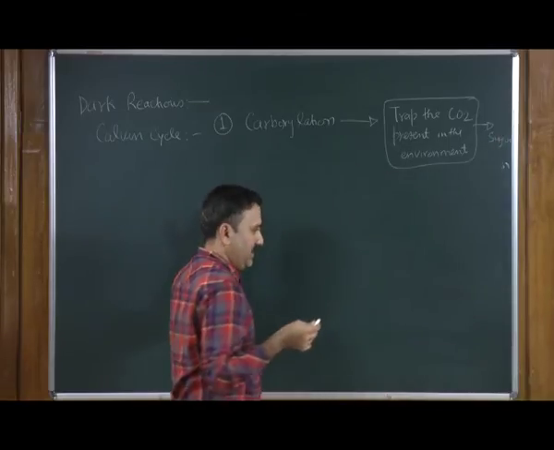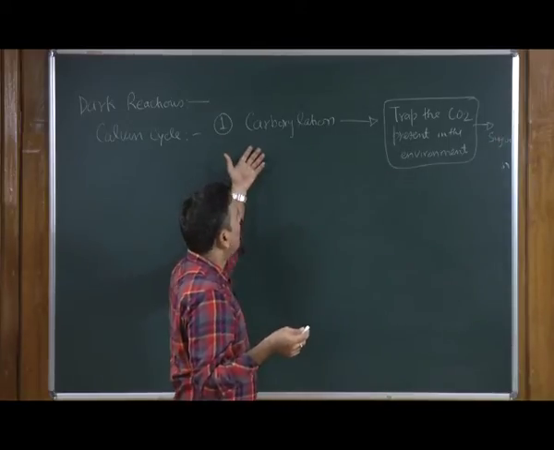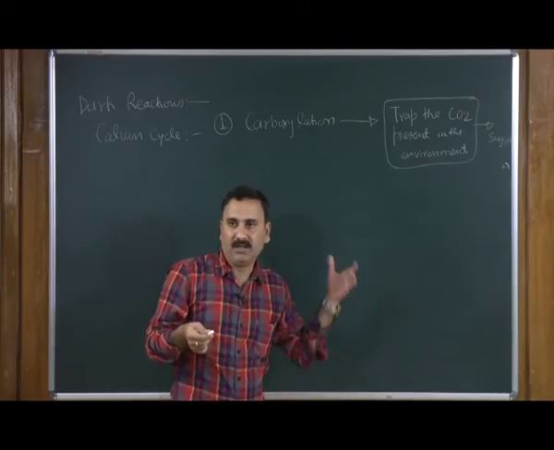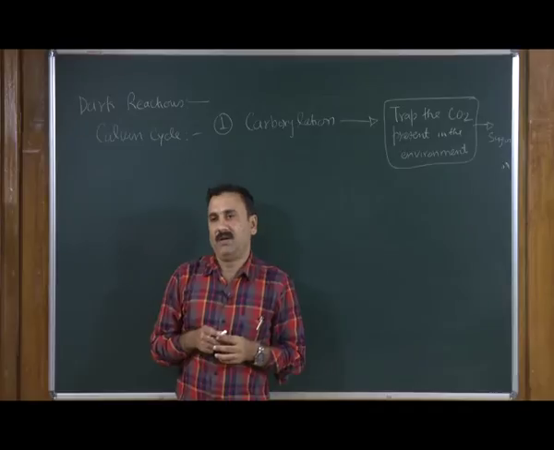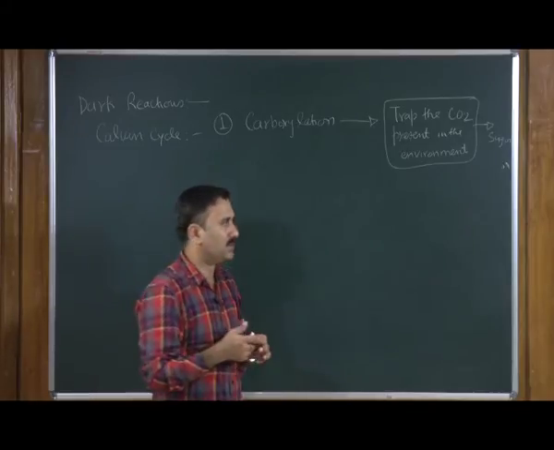Because you need an entry of carbon into the system, and only then can you utilize that carbon to produce the different types of sugar molecules.